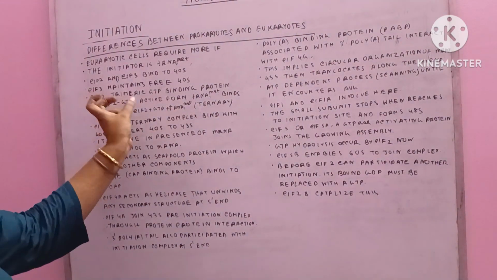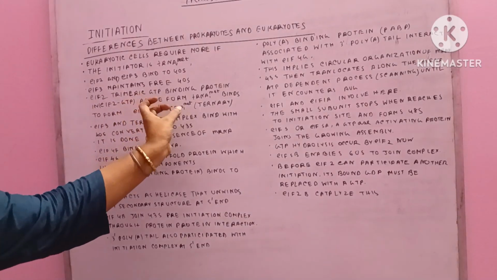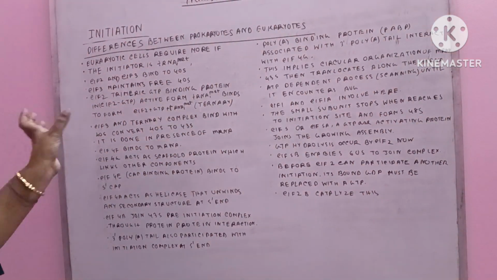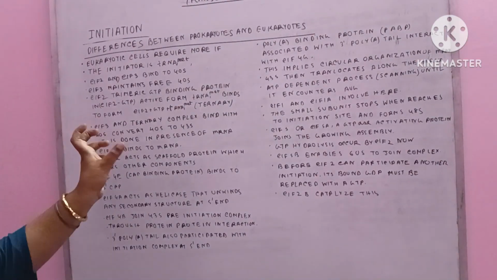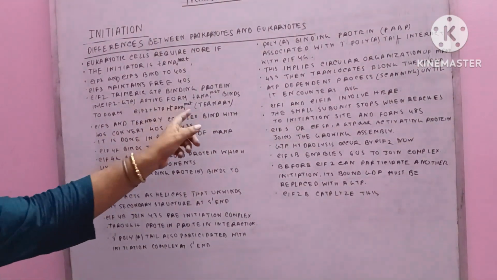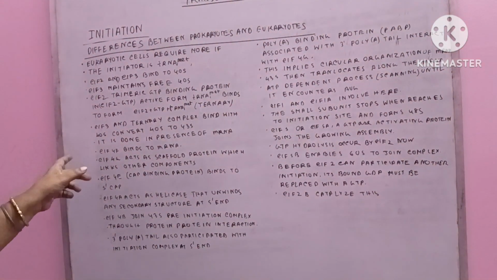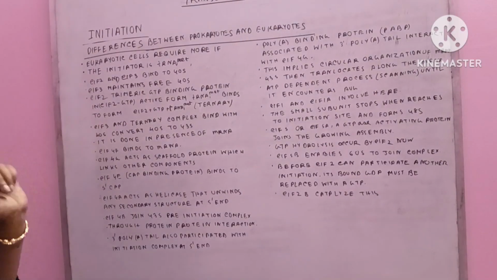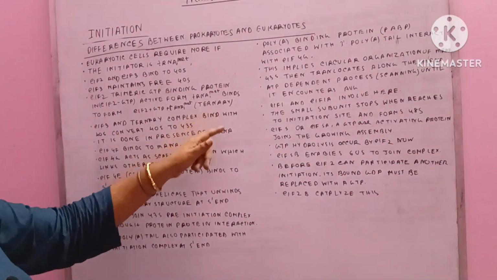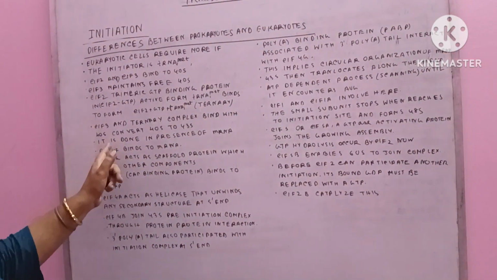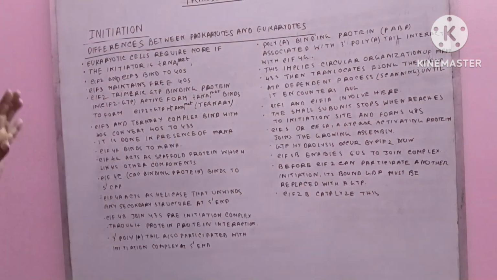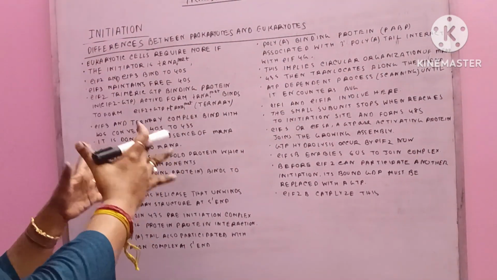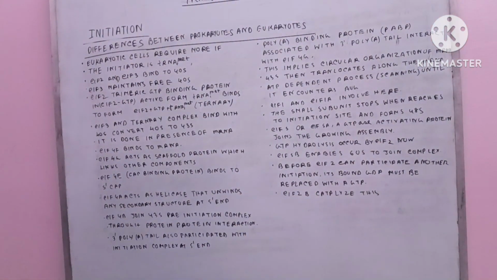EIF2, GTP and tRNA Met all bind with each other and form a complex called the ternary complex. EIF3 and the ternary complex bind with the 40S and convert it to 43S. These are only the small subunits.